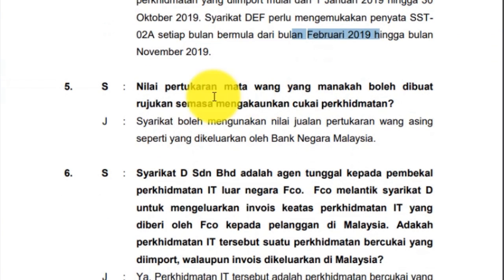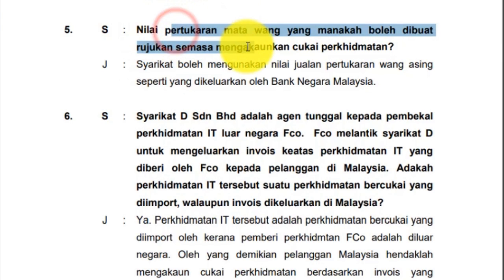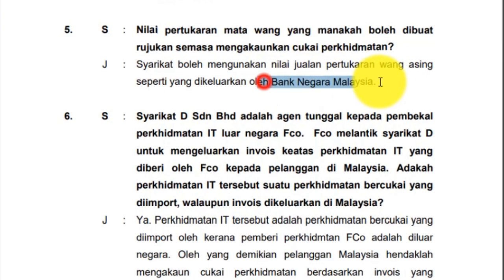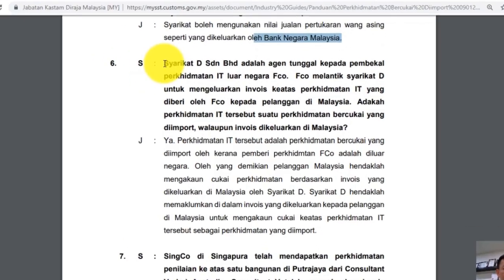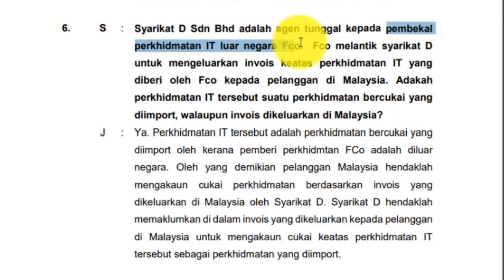Okay, so the next question will be nilai pertukaran wang, or this is exchange rate. Where to get this is from Bank Negara Malaysia. Number 6, the company D is a sole agent for an IT service provider called FCO.